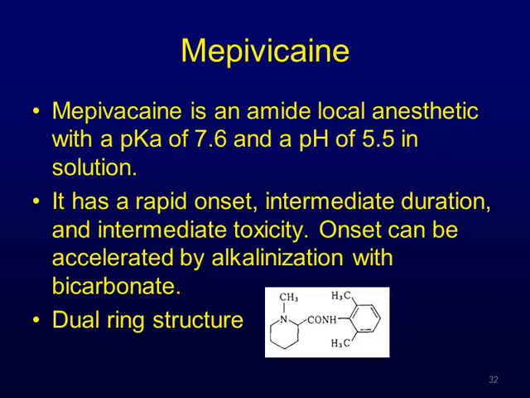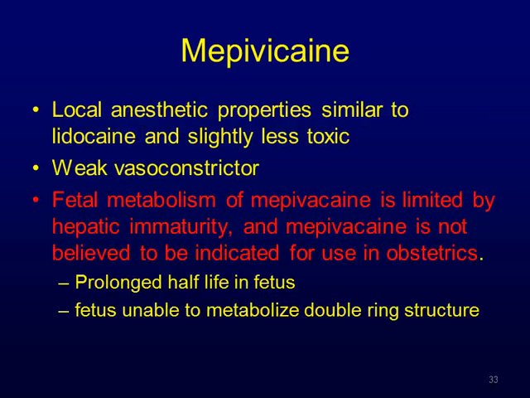Now let's talk briefly about Bupivacaine, also known as Carbocaine. This one has intermediate duration, got a pretty quick onset, but you will not use this on the OB suite at all, because this drug has even more problems in the fetus, because the fetus doesn't have the enzymes necessary to break this drug down.